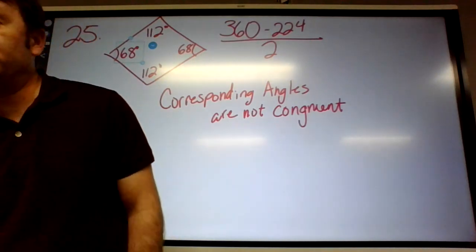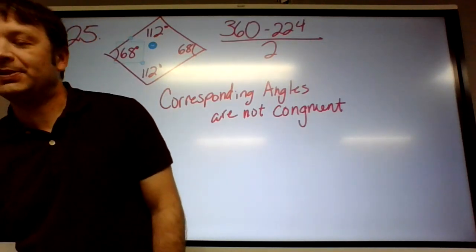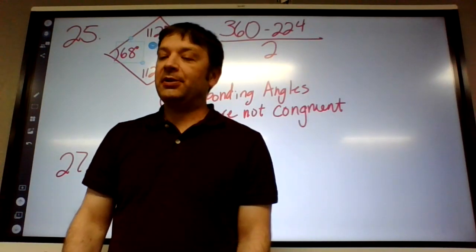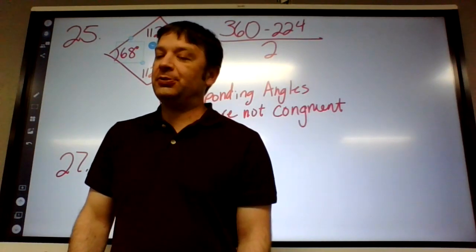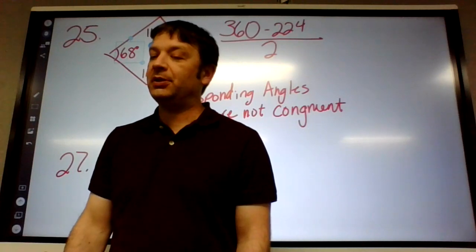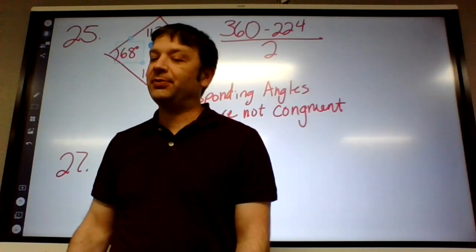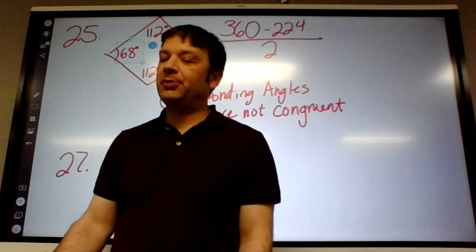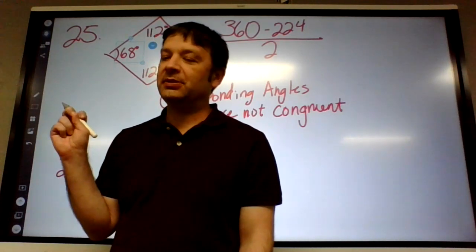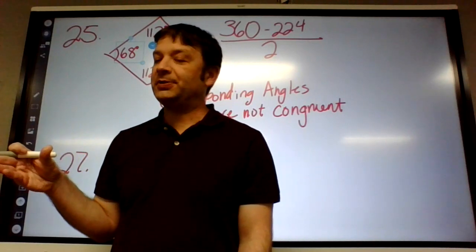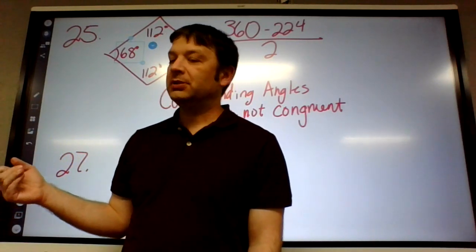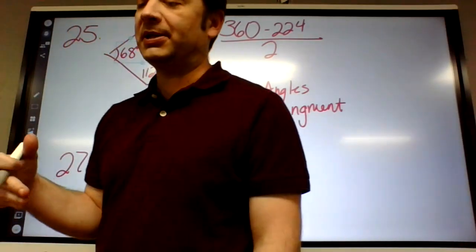Okay, on 27, we need to see if these sides are proportional. So if I use 4.2 on the left triangle, what side should that match on the right triangle? 3.4. Do you know how we know that? Because 4.2 is the smallest on the left triangle, then it should match the smallest on the right triangle. If they are going to be similar, that has to happen.